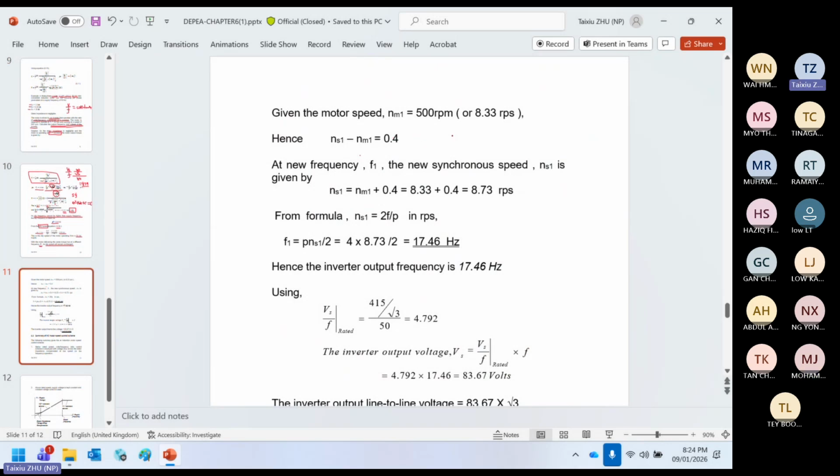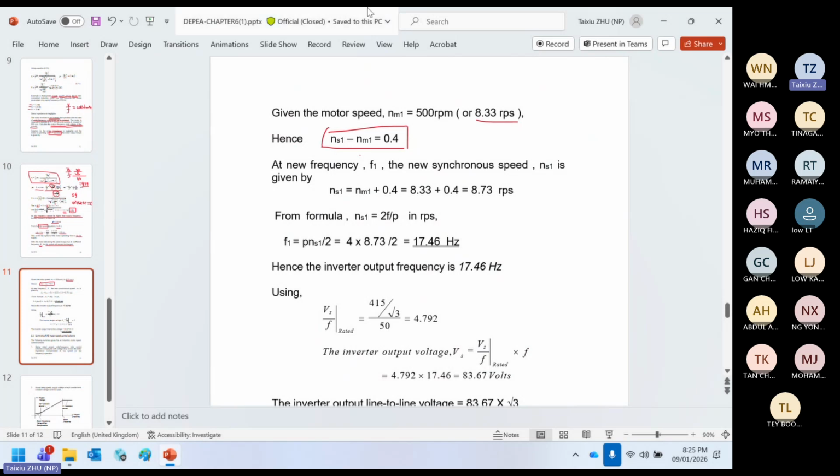Now this question actually we are using the revolutions per second. Later on in the tutorial, we use the revolutions per minute. It's more straightforward. But anyway, from here you can get the synchronous speed. Remember, the theory says that this one is constant, doesn't matter what frequency you use. Then the slip speed in revolutions per second is constant.